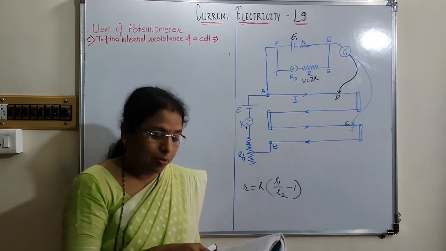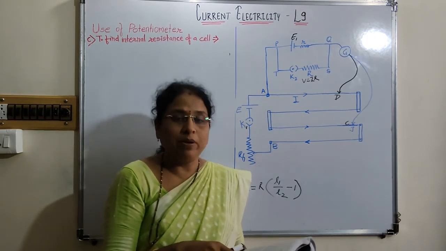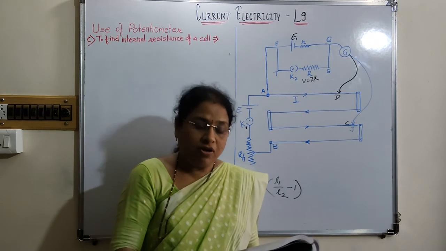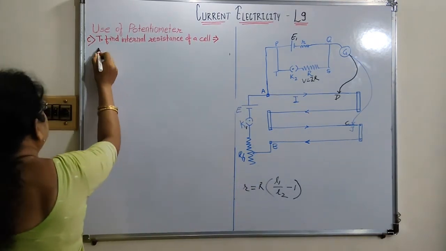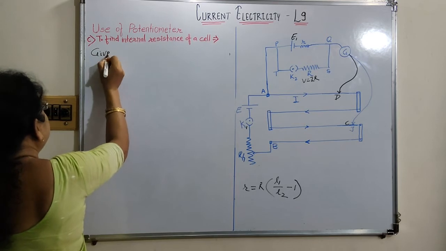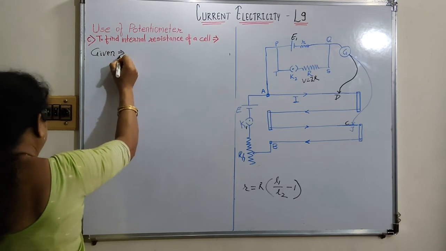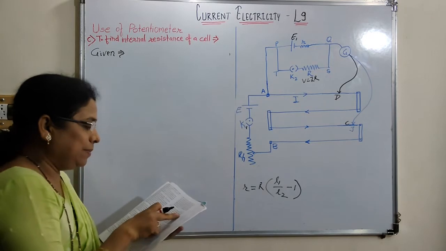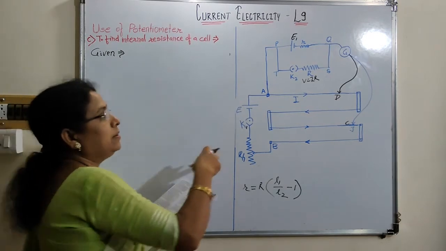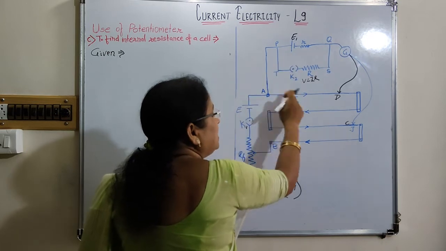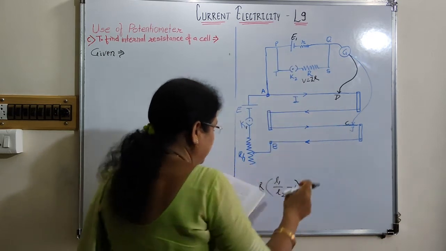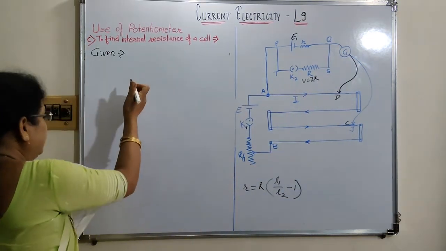When we read the problem, we notice that the problem is on the internal resistance. First we write what the given things are. It is said that the EMF of a cell is balanced by a length of 120 cm, meaning first K2 is open and the EMF of the cell E1 is balanced by the length AC, that is 120 cm.